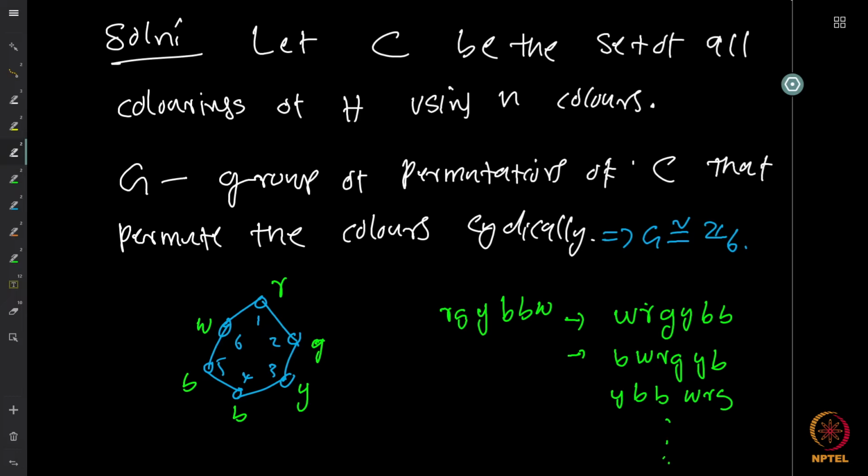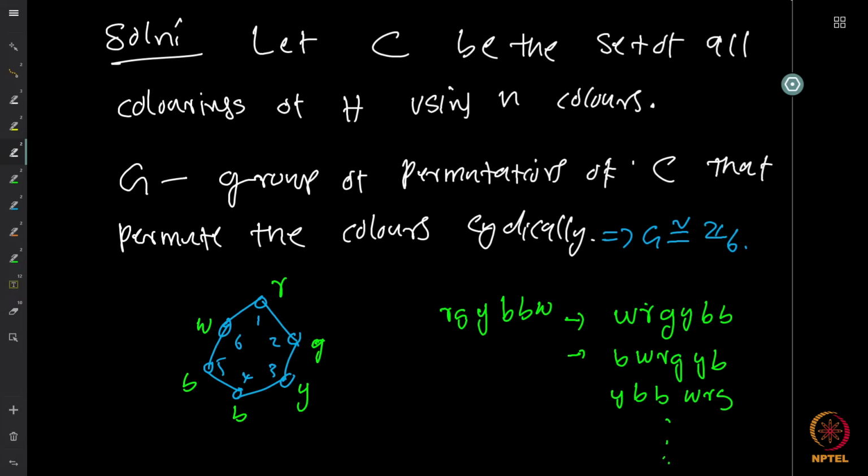I can get, for example, red going to green, green going to yellow, yellow going to blue, and blue going to white, and white going to red, right? So I will get W, R, G, Y, B, B. Similarly, I get B, W, R, G, Y, B, etc.